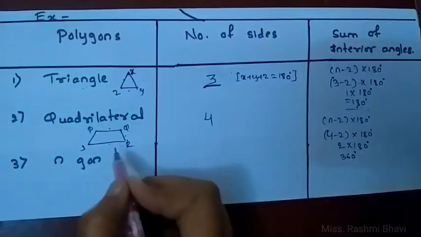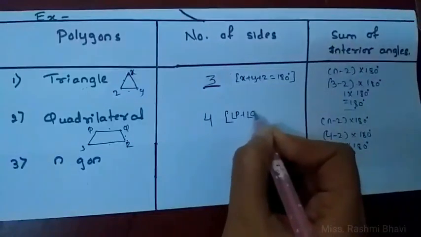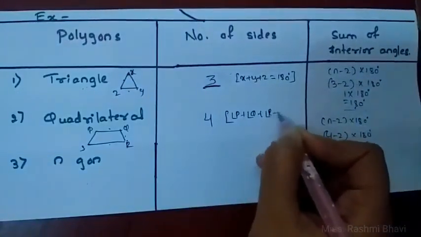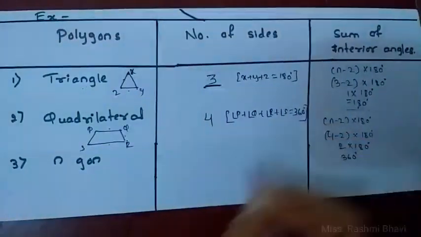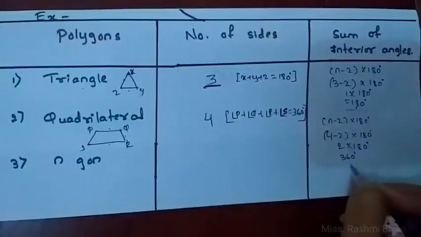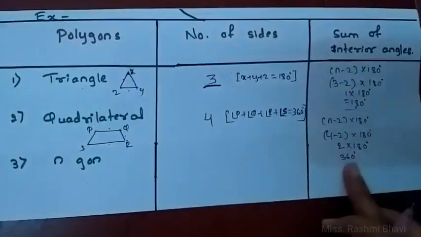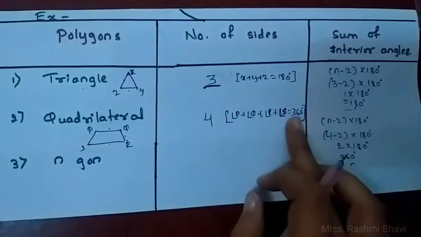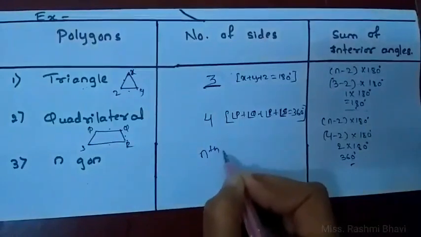Now only you discussed that the sum of the angles of the quadrilateral is how much? 360 degree. The formula is that angle P plus angle Q plus angle R plus angle S is equal to how much? 360 degree. Now only we discussed this formula. So this is the n minus 2 into 180 degree we are applying. So we got the 360 degree. So n-gon means nth side.